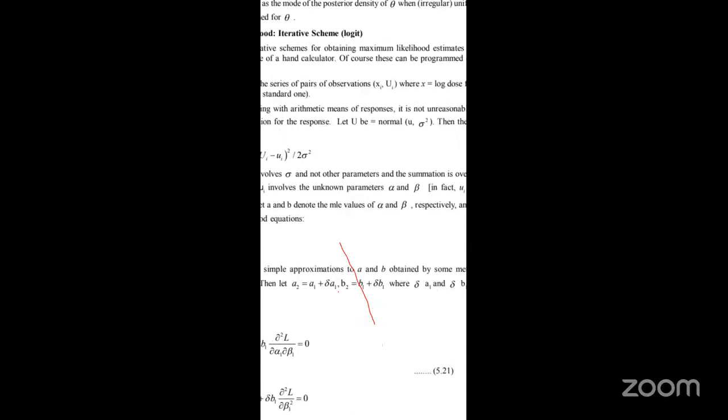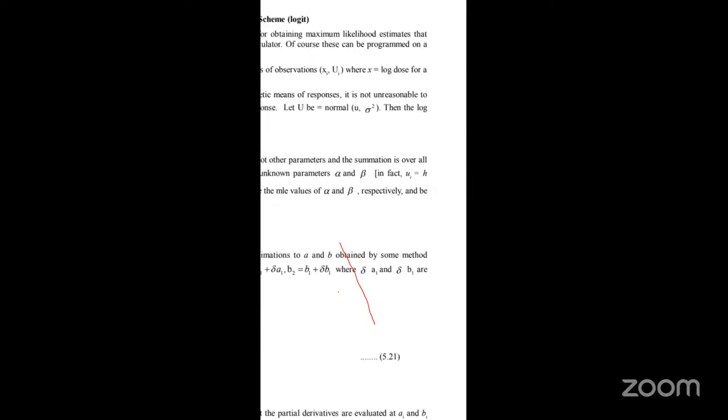Let u be normal with mean mu and variance sigma squared. Thus the log likelihood function L equals a constant minus summation (ui minus mu) whole square by 2 sigma square, where the constant involves sigma and not other parameters, and the summation is over all the responses.